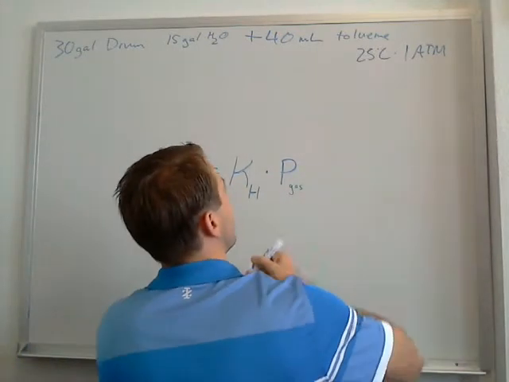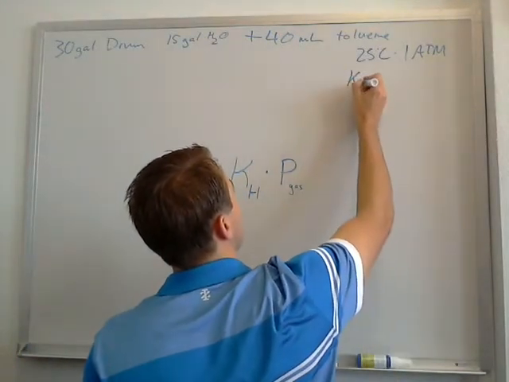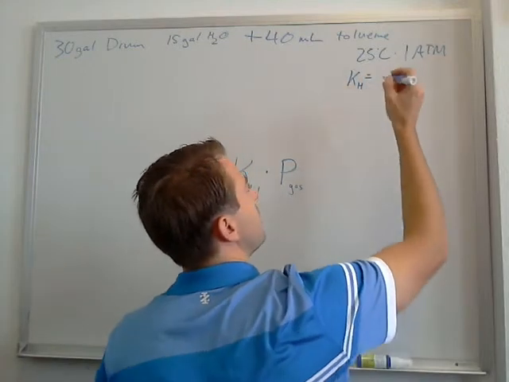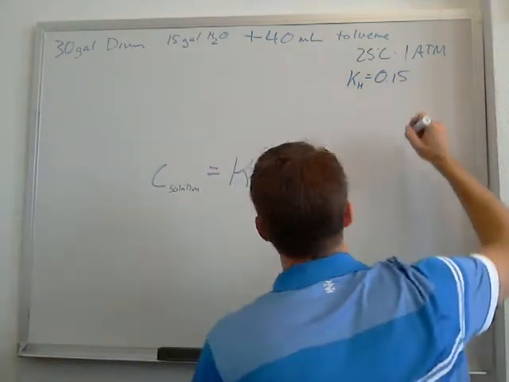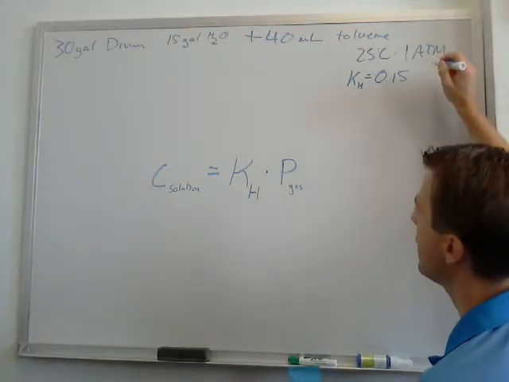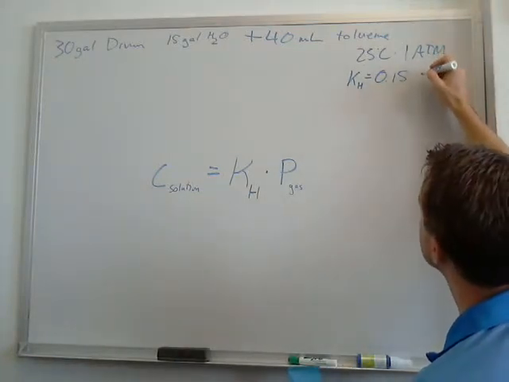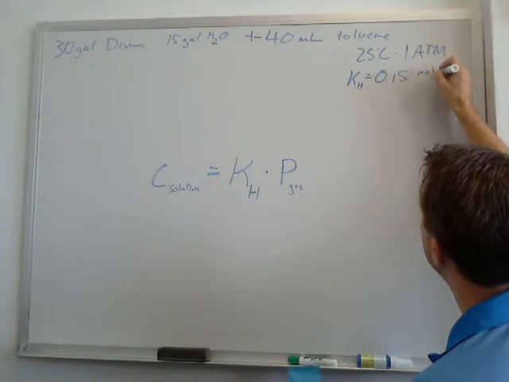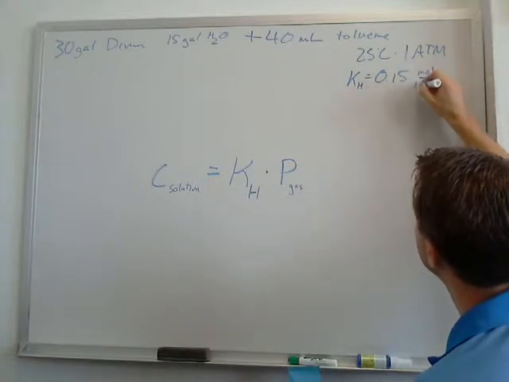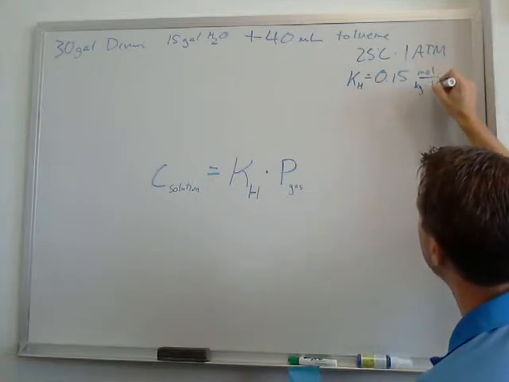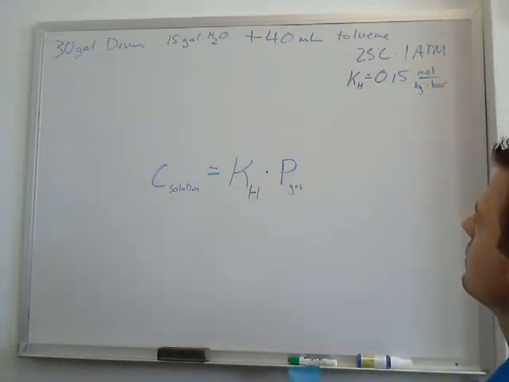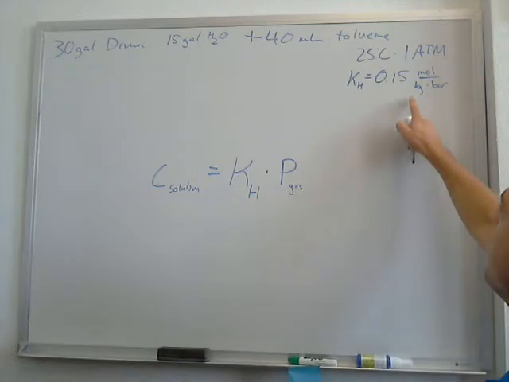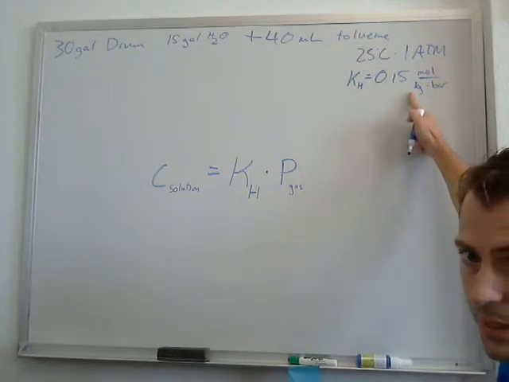So our Henry's Law constant, I looked it up a little bit earlier, and it's 0.15. And our units on this came from the NIST. So they like to express the units in moles per kilogram bar. Okay, so we can convert this right away because we know that a kilogram of water is equal to a liter of water.